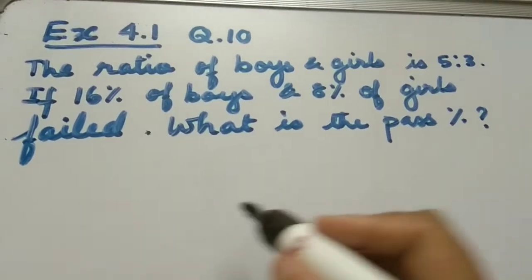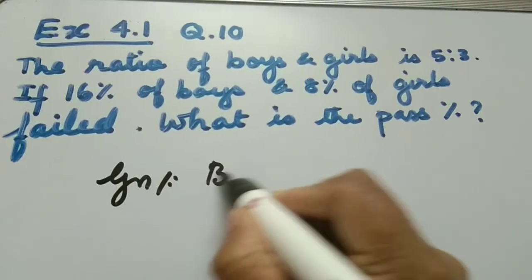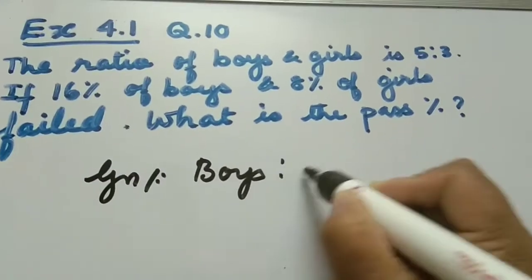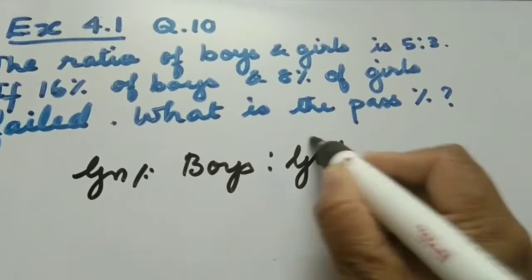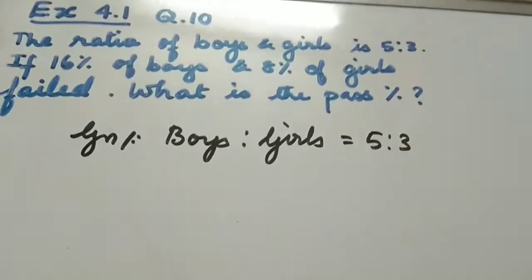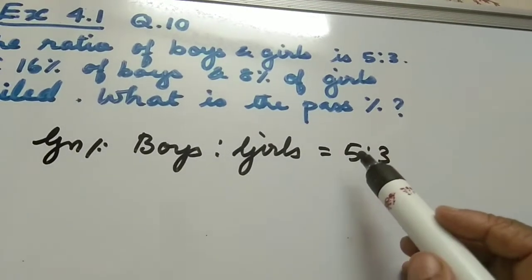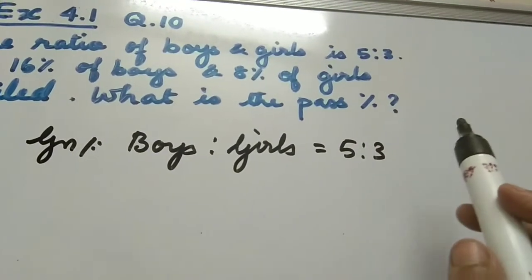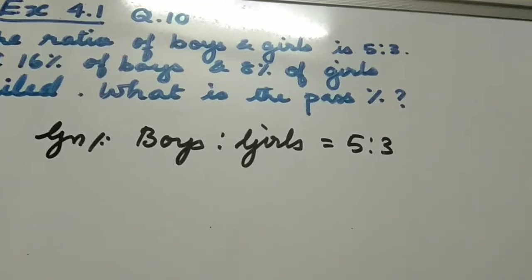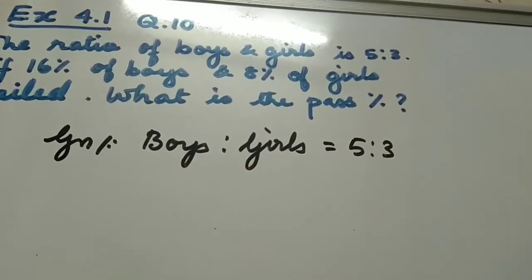Whenever a ratio is given, what is given for you? Ratio of boys is to girls, so that is given as 5:3. They are in a ratio. That means if boys are let's say 50, then the girls are 30, something like that. But we don't know the exact number, so we cannot take the risk of assumption.